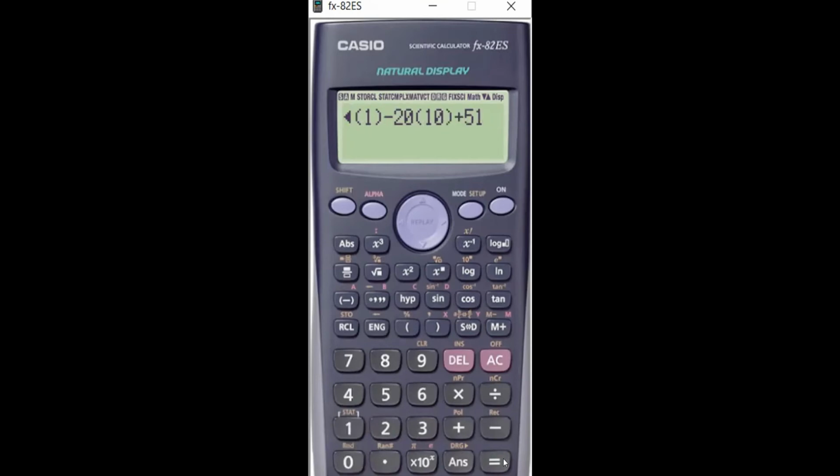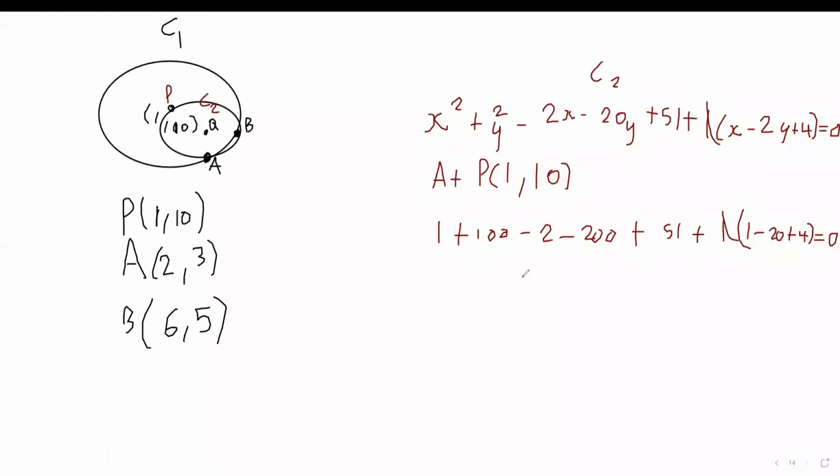That part works out to be negative 50. Then we have plus lambda times what's in this bracket. This bracket works out to be 1 plus 4 is 5, 5 minus 20 is negative 15. So this works out to be negative 50 minus 15 lambda equals 0.